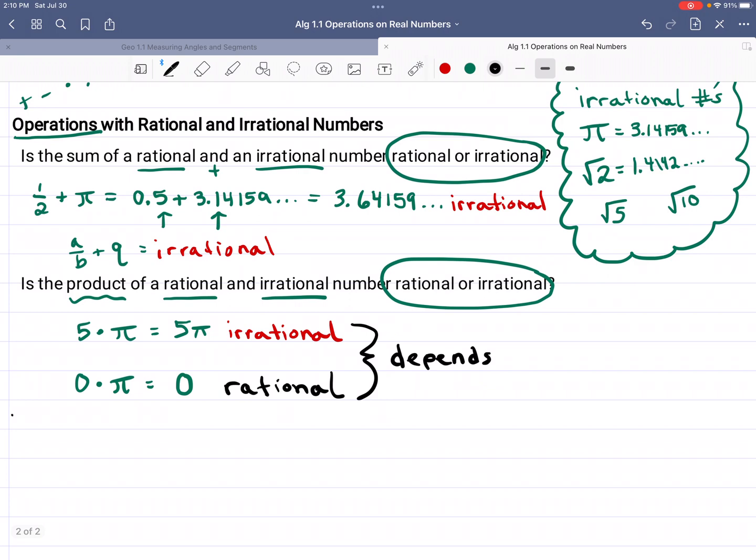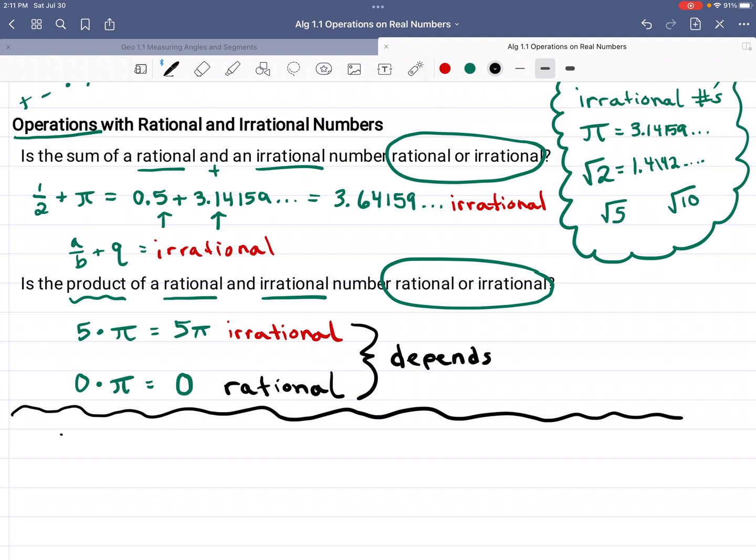There's another example that's going to be on the quiz, and so I want to cover it. What about irrational plus irrational? We'll just abbreviate.